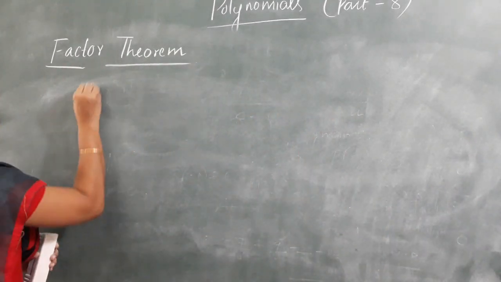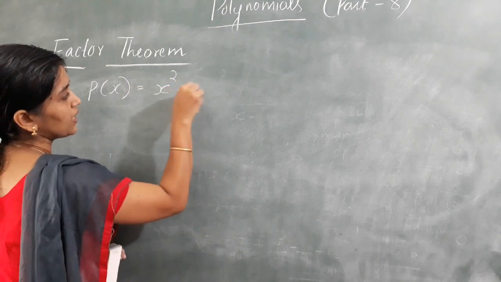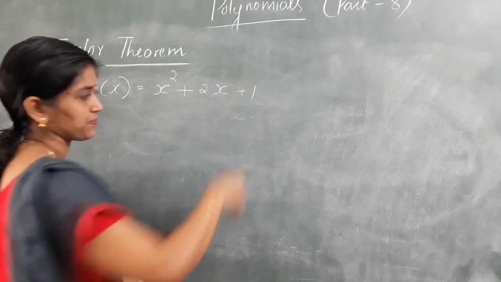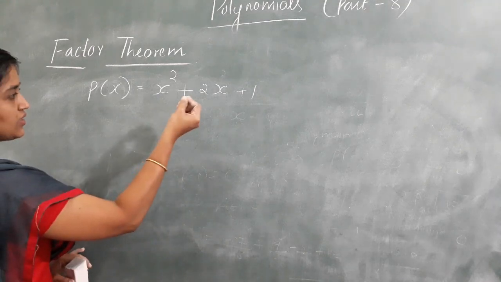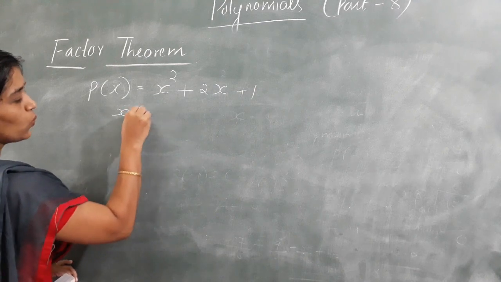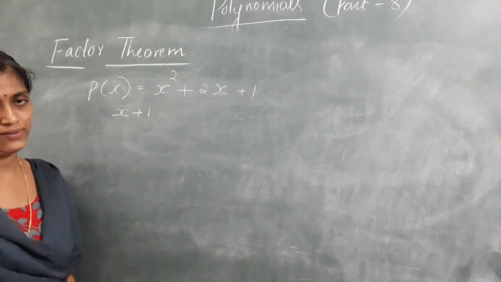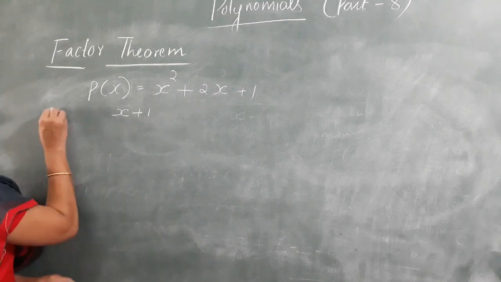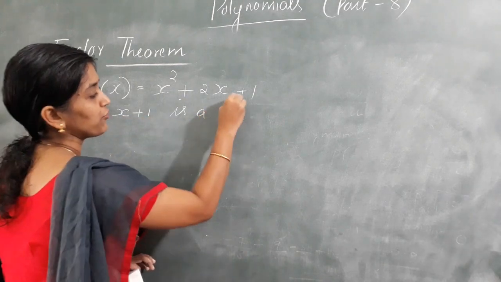Suppose we take p of x equal to x square plus 2x plus 1. I want to check whether x plus 1 is a factor of this polynomial p of x.